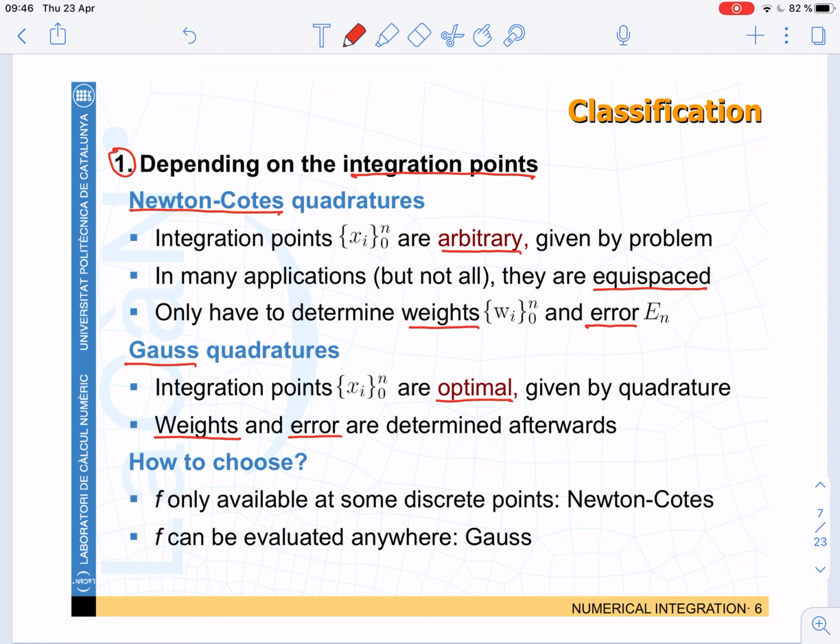How do we choose between Newton-Cotes or Gauss quadratures? Well, if f is only available at some discrete points, for instance because f are experimental measures, well, these discrete points will have to be the integration points, so we're thinking of a Newton-Cotes quadrature. Whereas if f can be evaluated anywhere in interval ab, then we can work with optimal integration points. We are thinking of a Gauss quadrature.